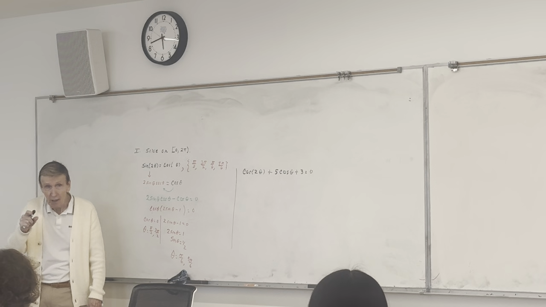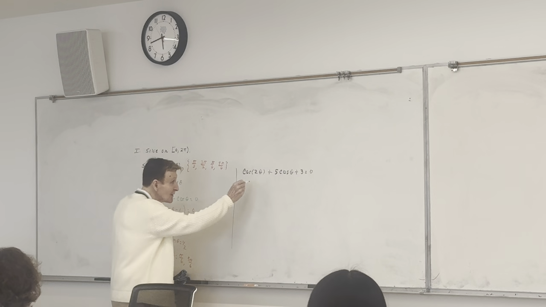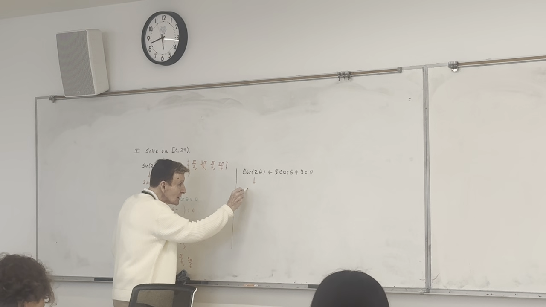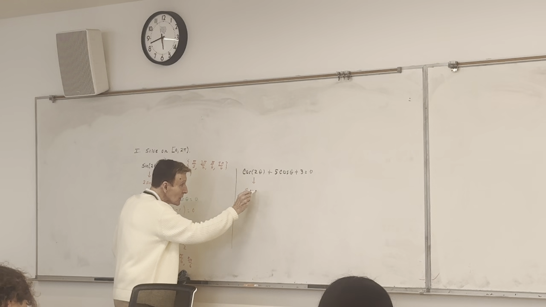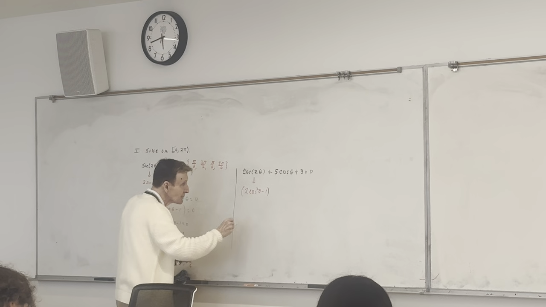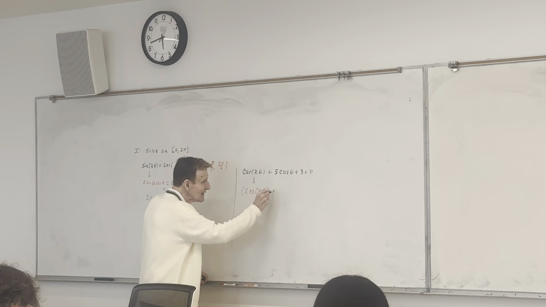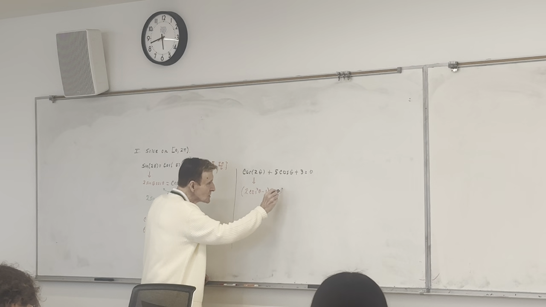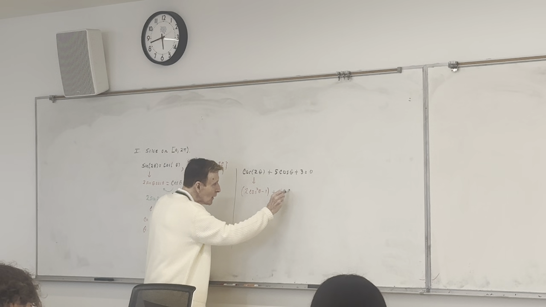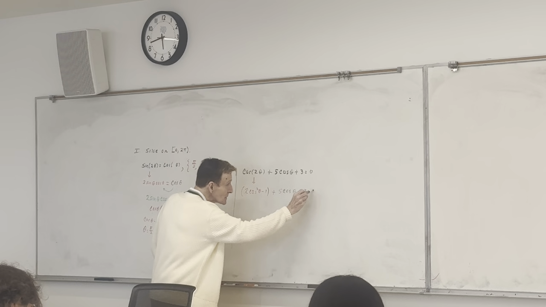The other one was 2 cosine squared theta minus 1. And then, of course, I still have this plus 5 cosine theta plus 3 equals 0.